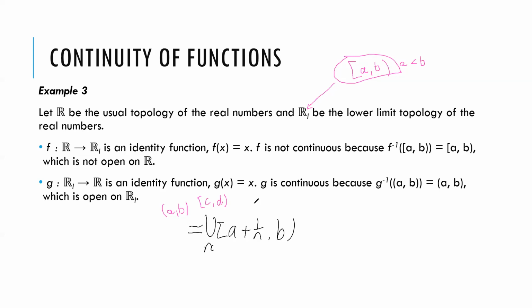Oh, so actually it would never have a. It would always have a plus something, a little something. Yes, right. First, in this union, a will never be in any of these intervals, because it's always a plus a little bit. But any number between a and b will be in some of these intervals, which means these two sets are equal.